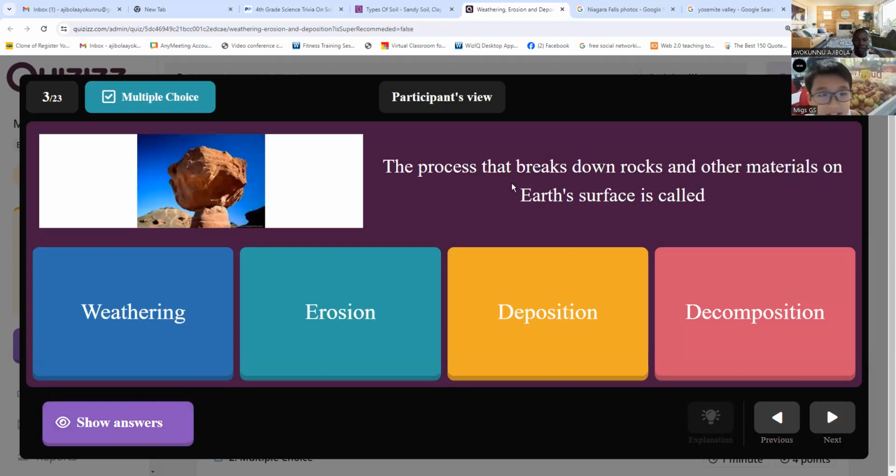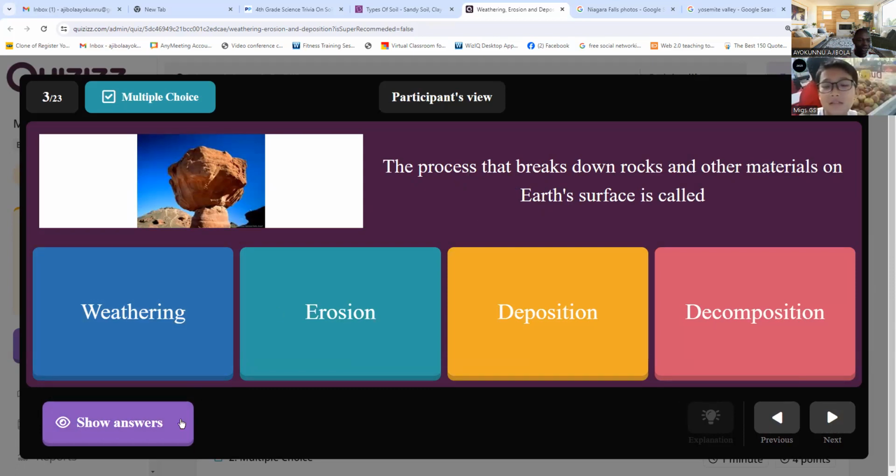The process that breaks down rocks and other materials on Earth's surface is called dash. So what is the process that breaks down rocks?